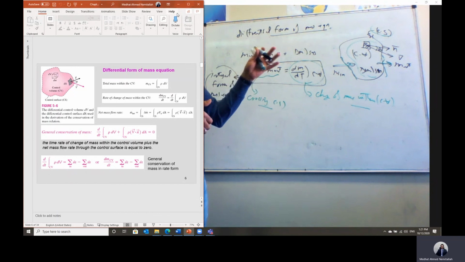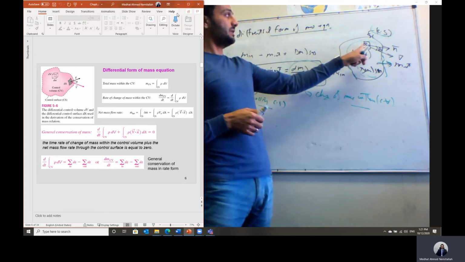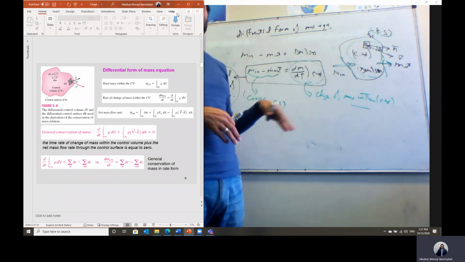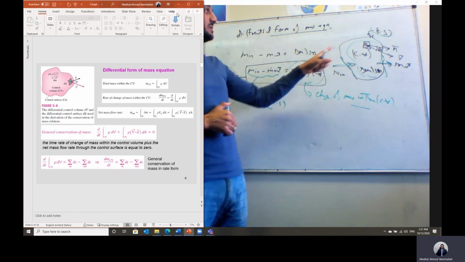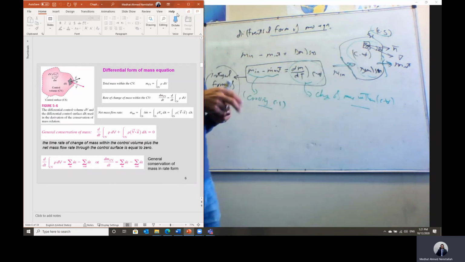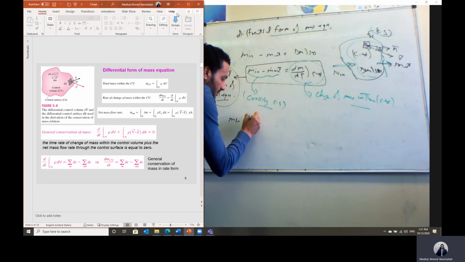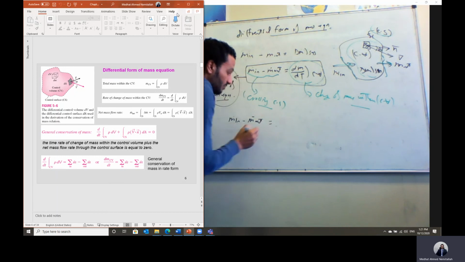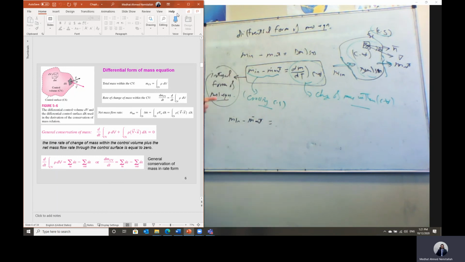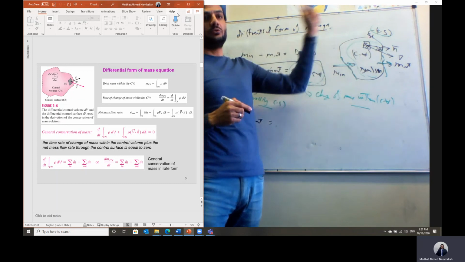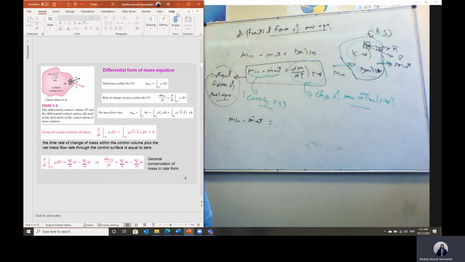If we look at this element and at the masses coming in or leaving the system through it, then we can do the integration to get this form. Consider the first term, mass flow rate in minus mass flow rate out. If we have mass in or mass out of this system, it should cross the control surface.